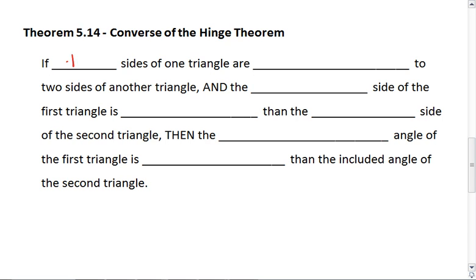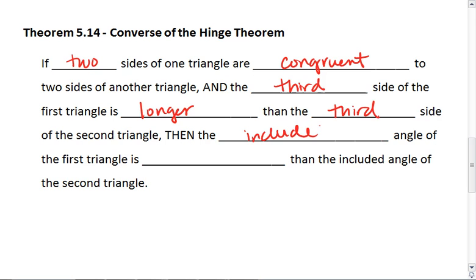So once again, if two sides of one triangle are congruent to two sides of another triangle, and the third side of the first triangle is longer than the third side of the second triangle, then the included angle of the first triangle is larger than the included angle of the second triangle.